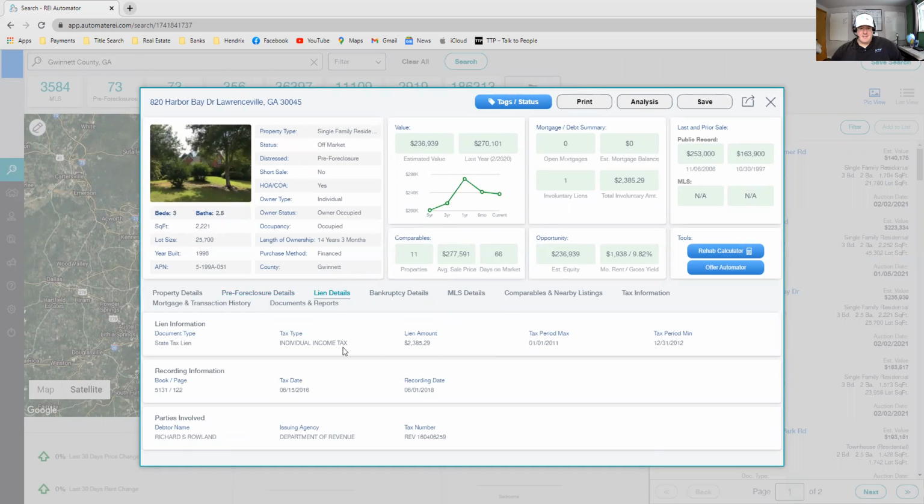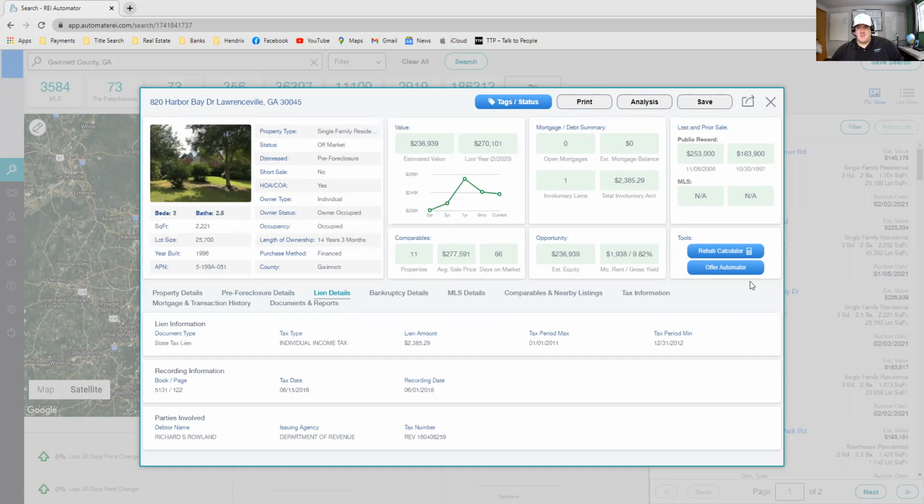Lien, it's going to give you any liens. So it looks like there's a state tax lien for $2,400. And let's see, what is this? Oh, that's just the recording date, and then the parties involved, obviously. Oh, yeah. All right. Okay.